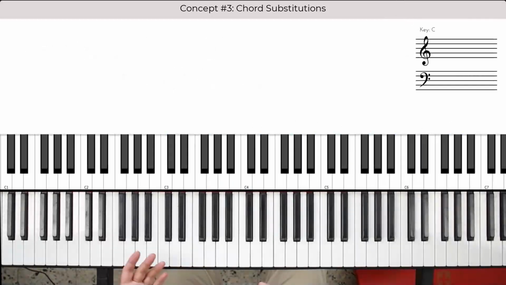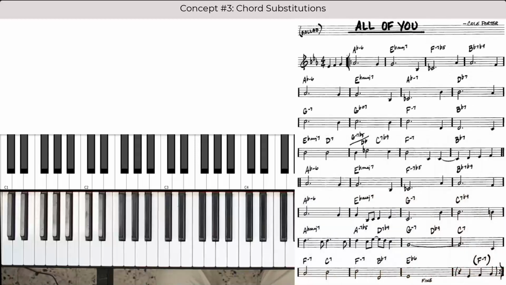Because tritone substitutions tend to lead to chromatic motion, they're kind of easy to spot or at least interpret in sheet music. Here's the sheet music for all of you, and you can see that there is a progression from a G minor 7 to a D flat dominant 7 to a C dominant 7. Now one simple way to interpret this is as a chromatic motion from above to the C dominant 7.